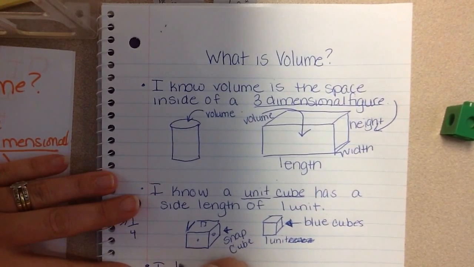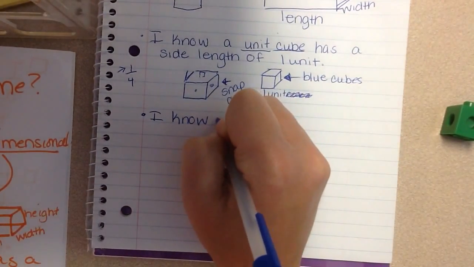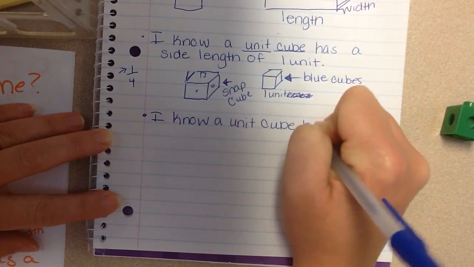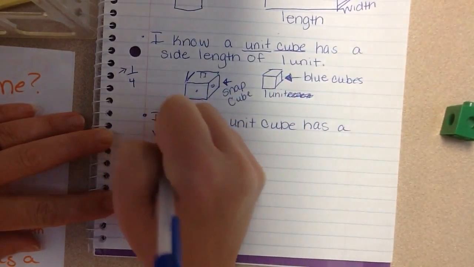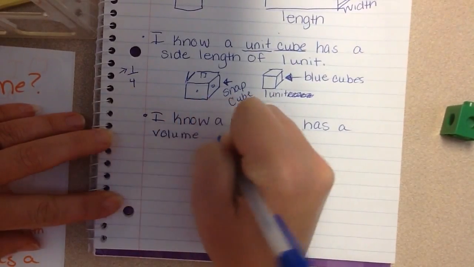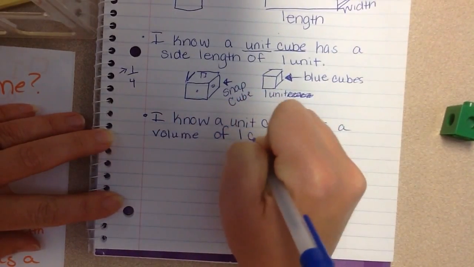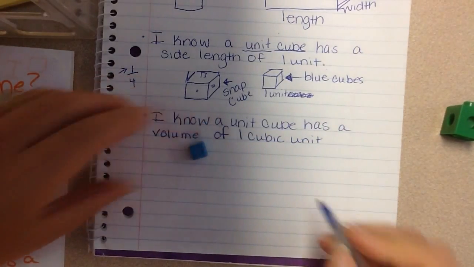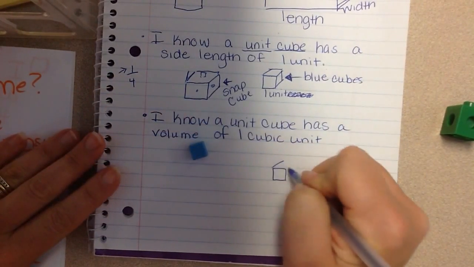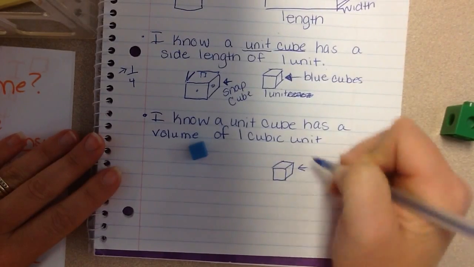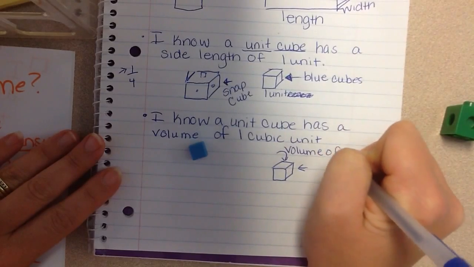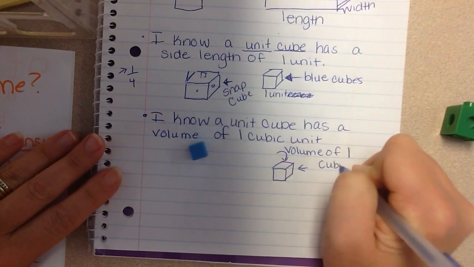So from that, I can say that I know a unit cube has a volume of 1 cubic unit. So what does that mean? Inside of this blue cube that I have here, it also has a volume of 1 cubic unit.